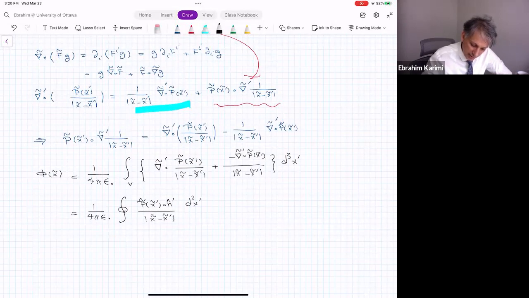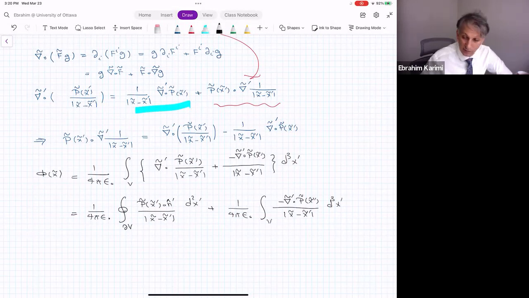And that's on the surface, plus 1 divided by 4 pi epsilon 0 integral of minus divergence with respect to prime of P of X prime, over X minus X prime, d3 of X prime. That's on the volume V.